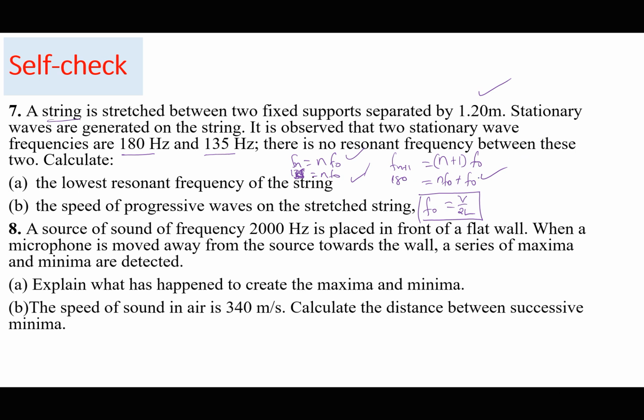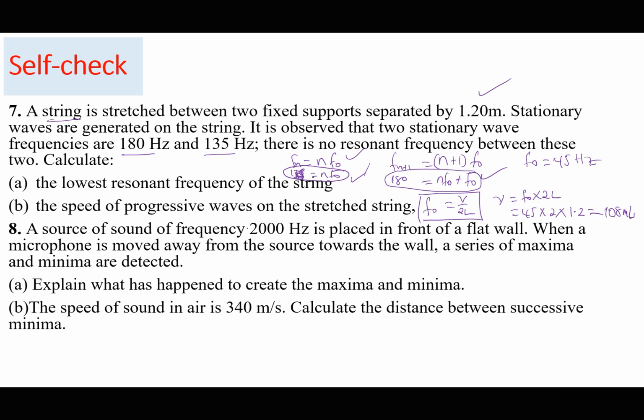So when I subtract this equation minus this equation, F naught equals 180 minus 135. So F naught is going to be 45 hertz. Then V is going to be F naught times twice L, 45 times 2 times 1.2, which is 108 meters per second.